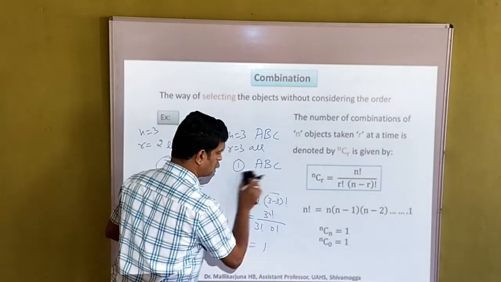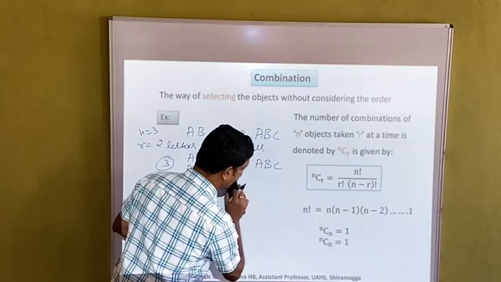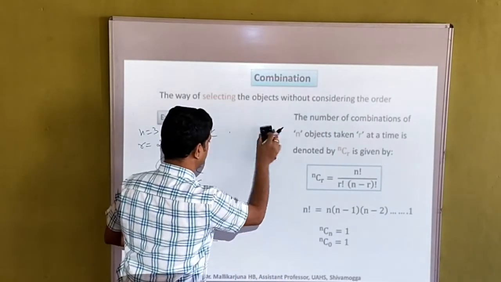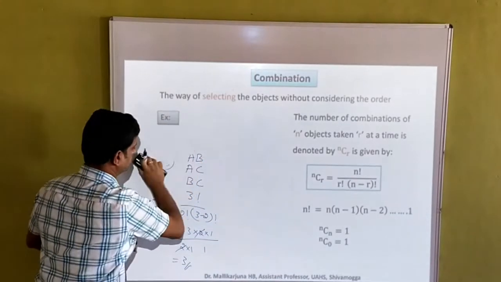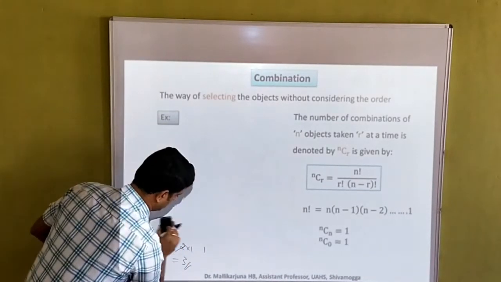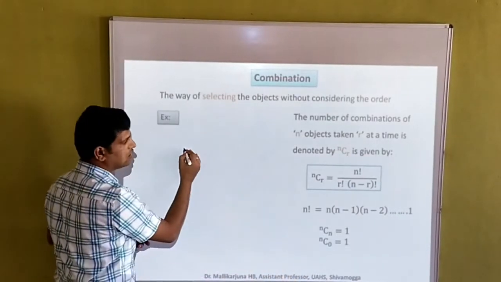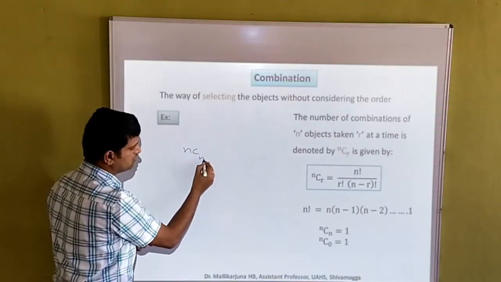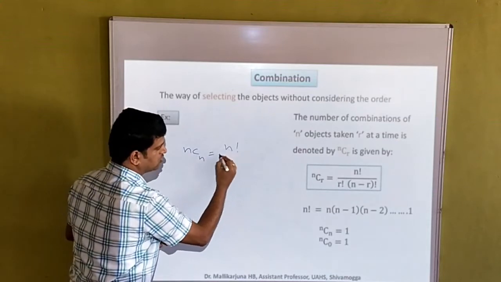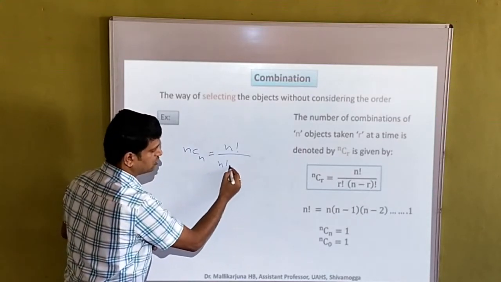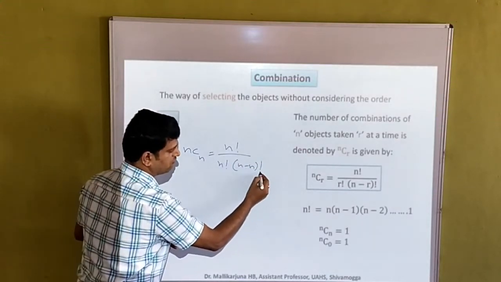Of course, from the formula we can get the property. Substitute in the formula nCr: nCn is n factorial divided by n factorial times (n minus n) factorial.